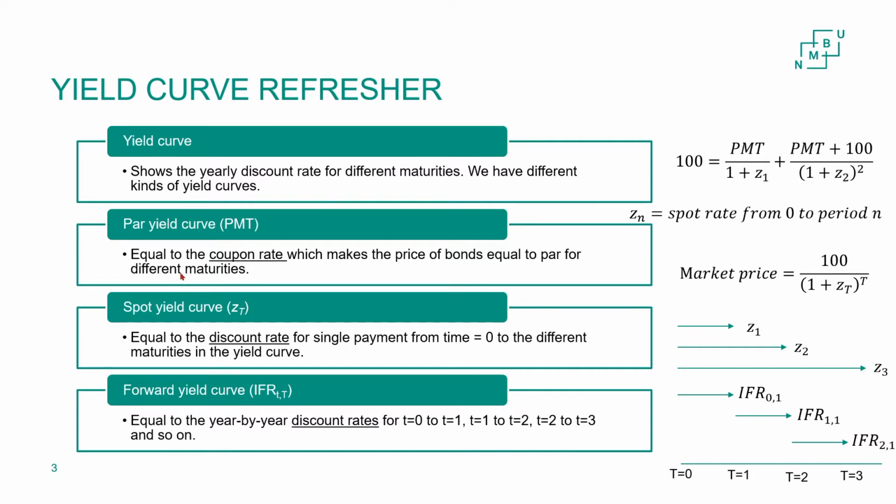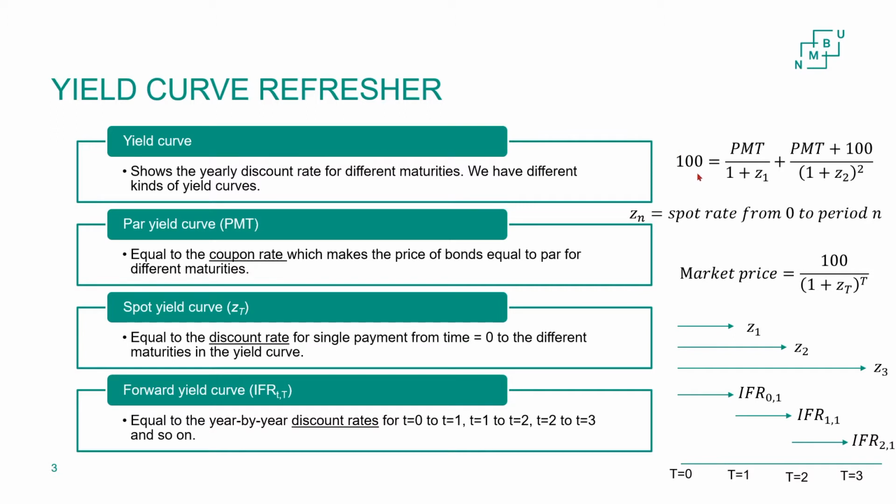So if we start with the par yield curve, then we see that the par yield curve is the coupon rate which makes the price of the bond equal to par. It's usual to set par equal to 100 in these cases.